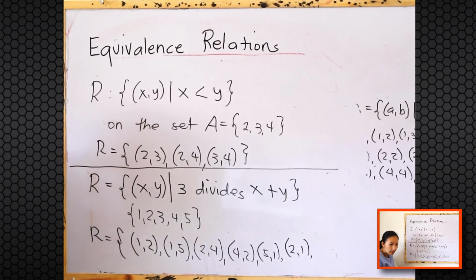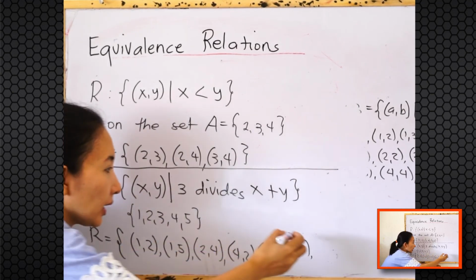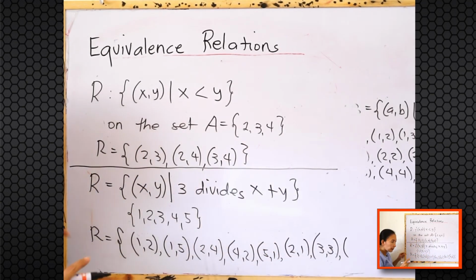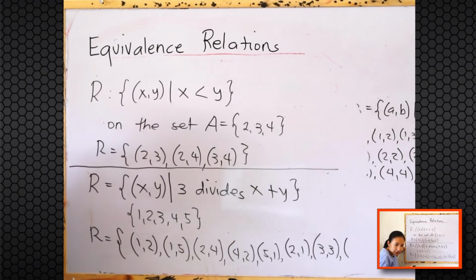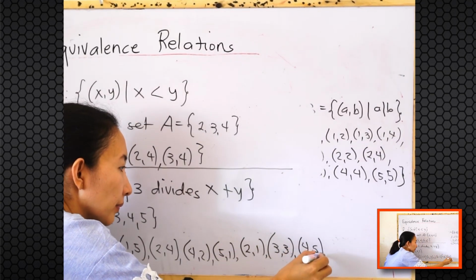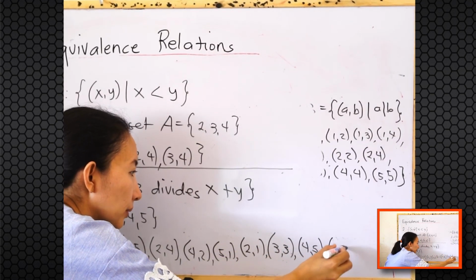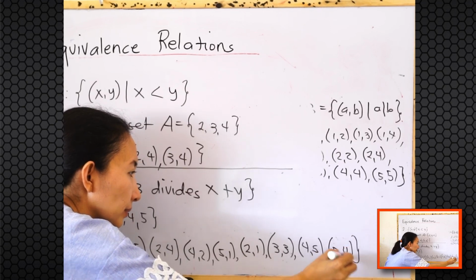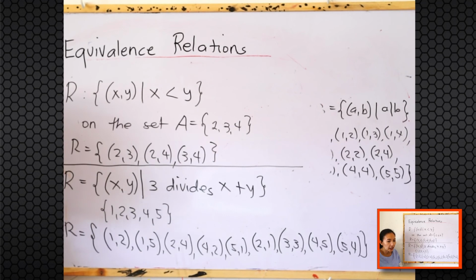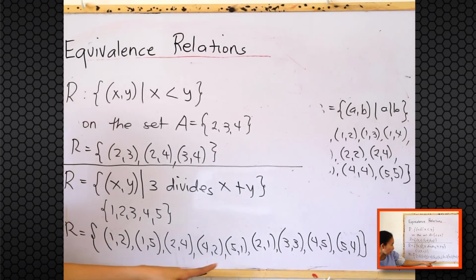Anything else? (3,3). And there's more: (4,5), (5,4). Yes? And (5,1), (1,5).